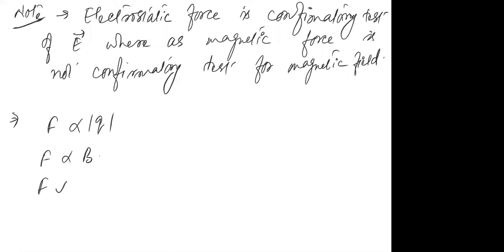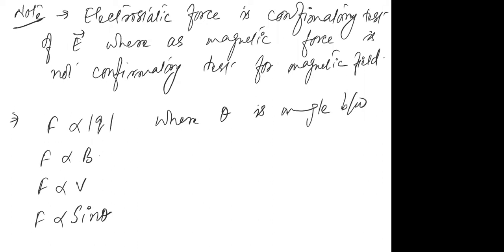This force was proportional to the velocity of the charge. And this force was proportional to sine theta, where theta is the angle between the direction of velocity of charge and magnetic field.